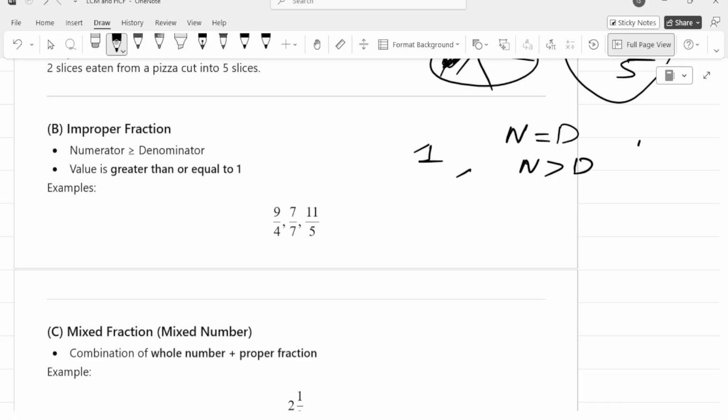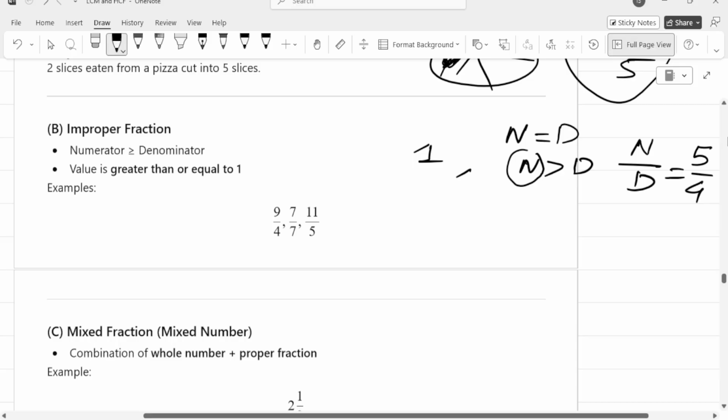For example, n upon d, where n is greater than d. That means if the denominator is 4, the numerator is always 4 or greater, so 5, 6 and so on. Examples: 9 upon 4, 7 upon 7 and 11 upon 5. 1 is also an improper fraction.